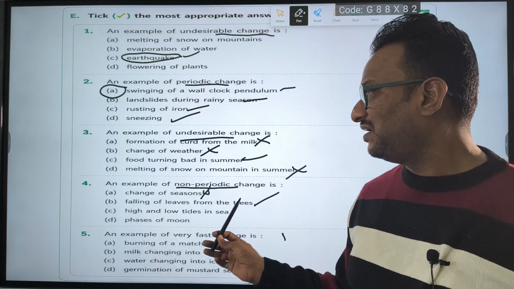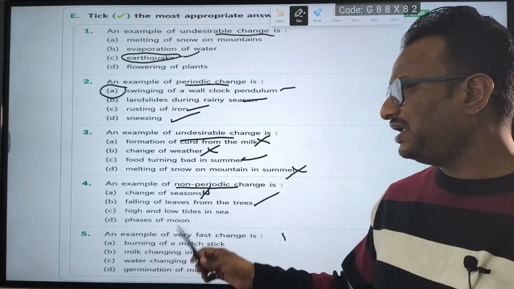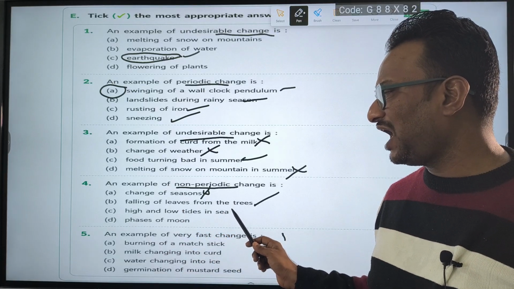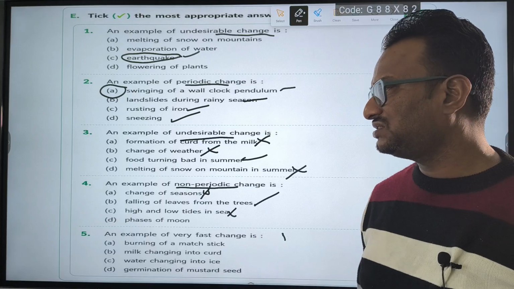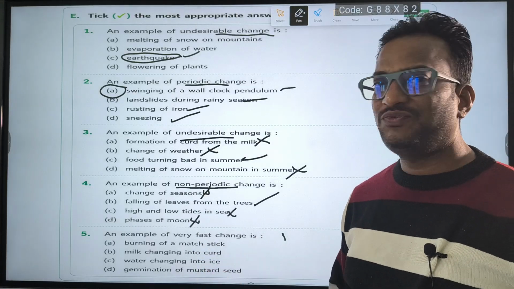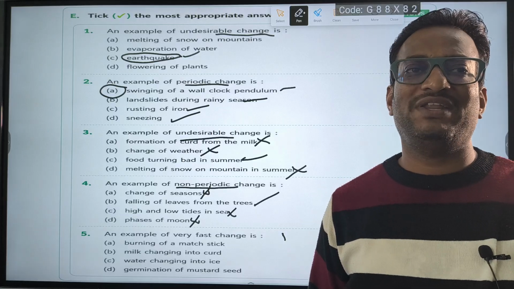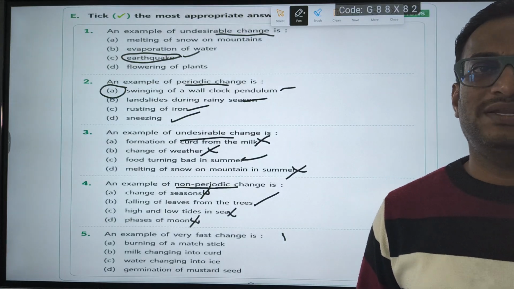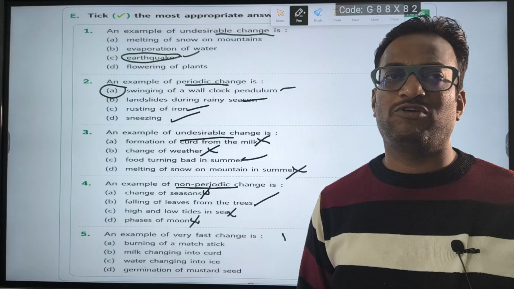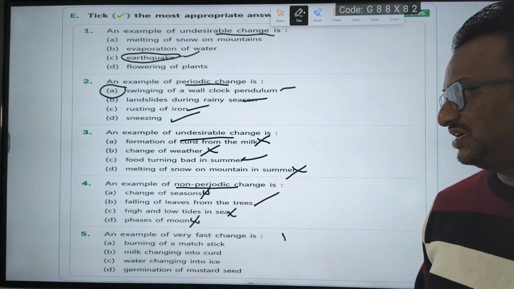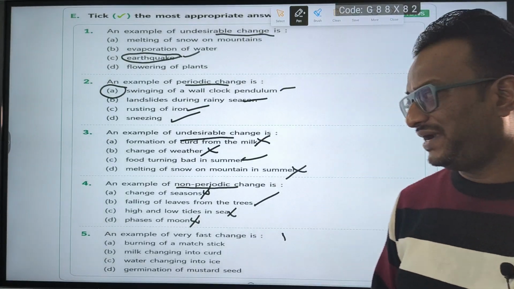So, this is a non-periodic change. High and low tides in the sea happen regularly, so this is not the answer. Phases of moon also happen, changing every 15 days or so. We get new moon day and full moon day periodically. So, B is the right answer.